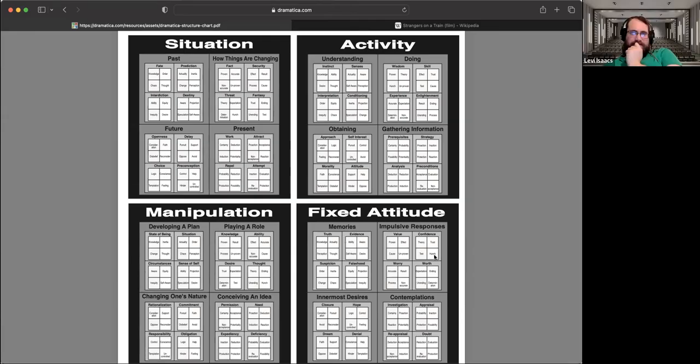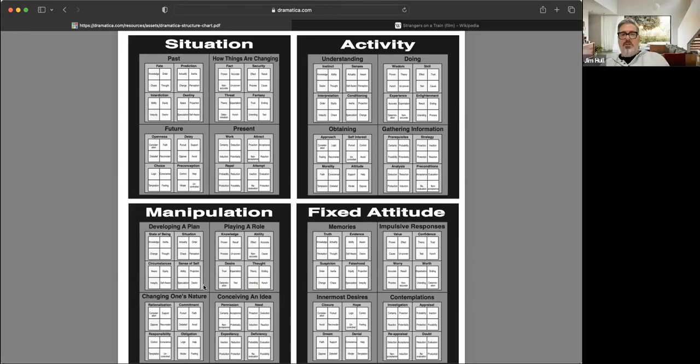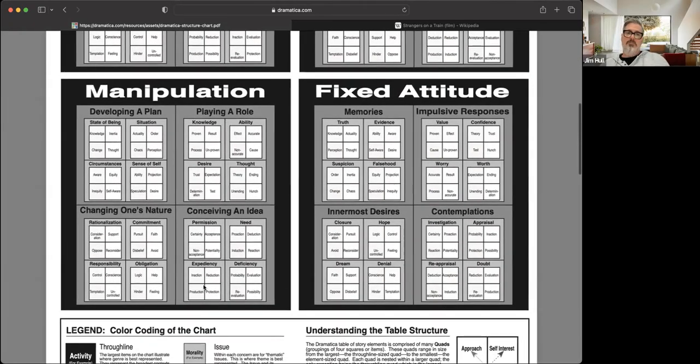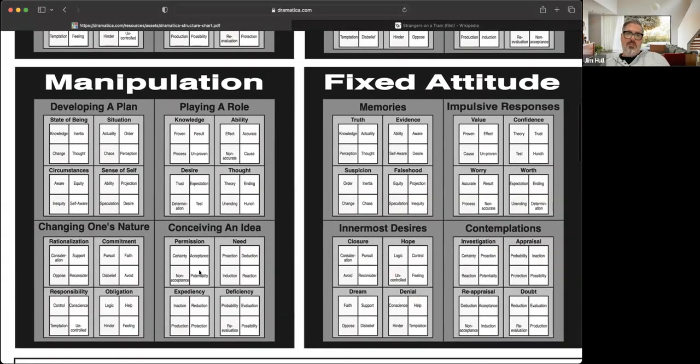So let's look at the objective story plot. Since everybody likes all of them, whatever one is the objective story concern also becomes the goal of the story. So either the goal of the story is developing a plan, playing a role, changing one's nature, or conceiving an idea. And we know that goal is resolved. So for Teresa, what is developing a plan?